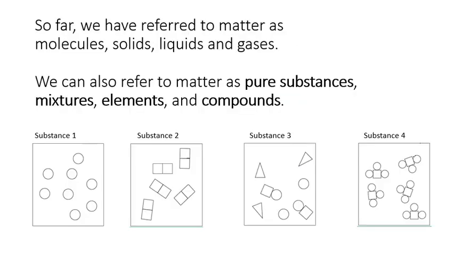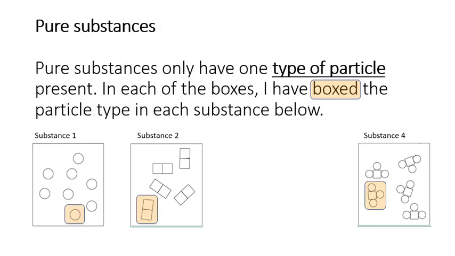So far, we have referred to matter as molecules, solids, liquid, and gases. But we can also refer to matter as pure substances, mixtures, elements, and compounds. I have 4 substances here that I'm going to use as examples. Pure substances only have one type of particle present.